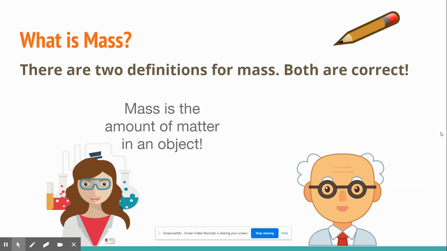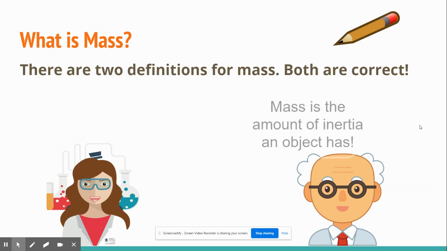But in physics, we think of mass as the amount of inertia that an object has. And remember, we defined inertia before fall break. We said objects tend to want to keep doing whatever motion they're doing. So if an object is sitting there not moving, it wants to just keep sitting there not moving. And objects that are in motion tend to want to keep going in the same direction at the speed that they're going.